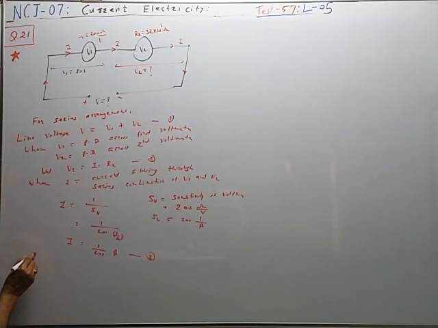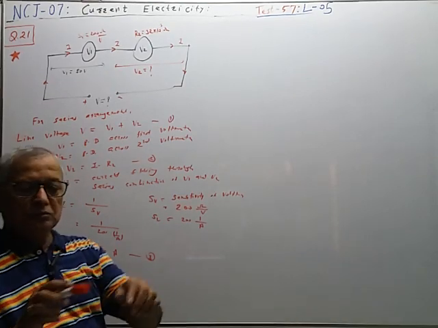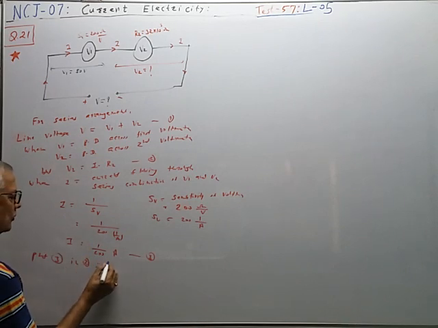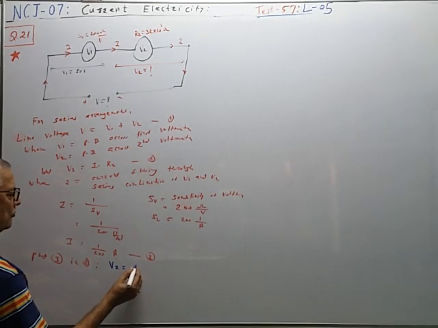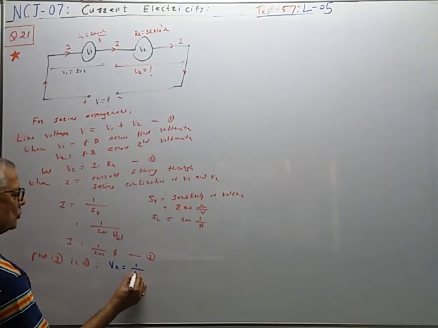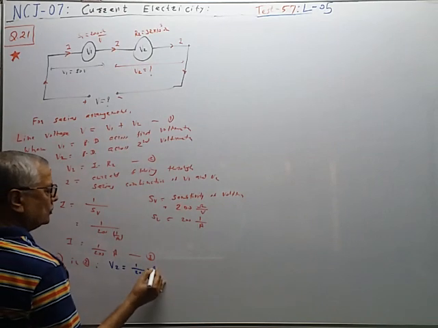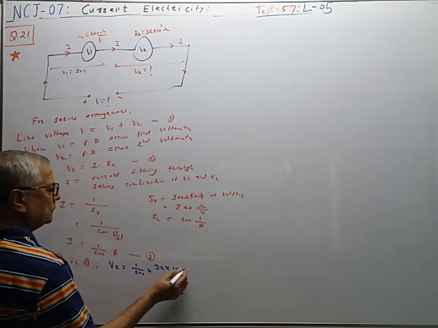Put 3 into this, we can find V2 because the current is known. So V2 is equal to 1 upon 200 multiplied by R2. R2 is equal to 32 into 1000.